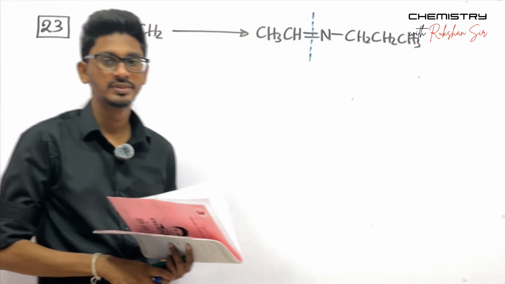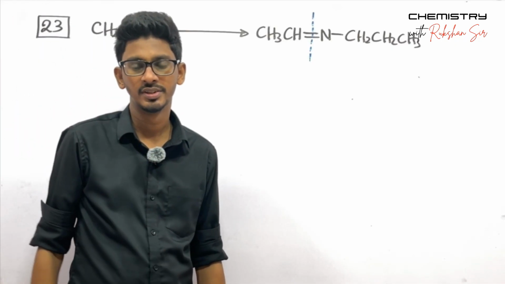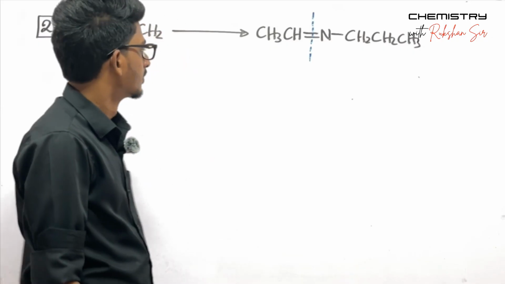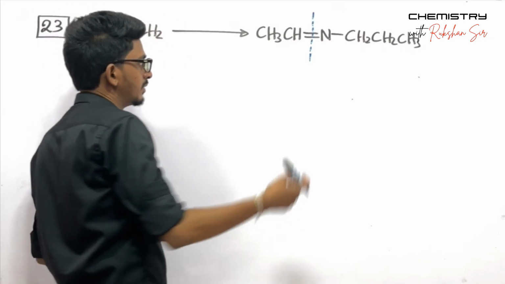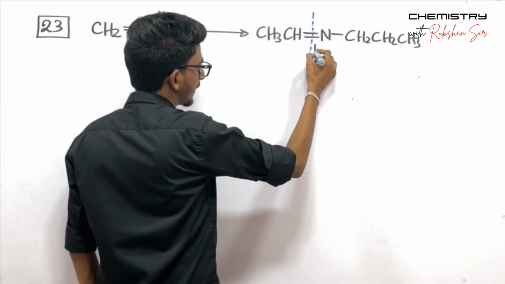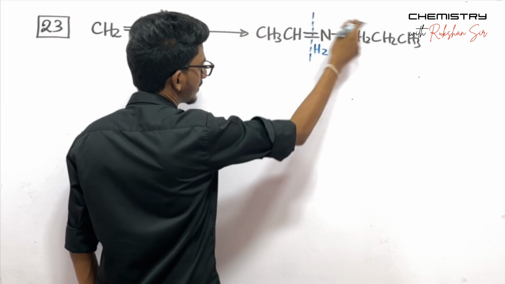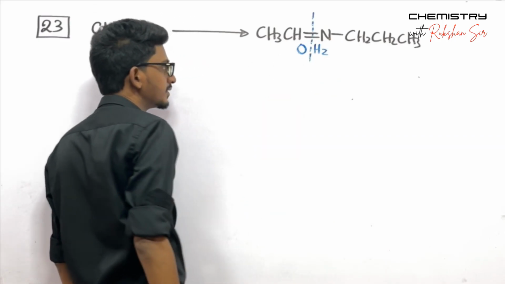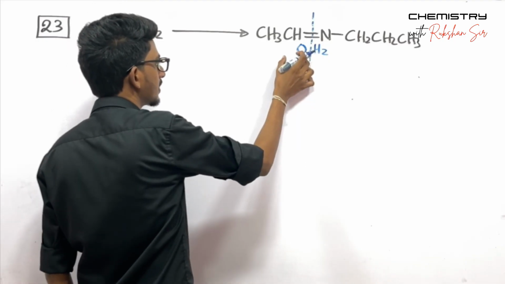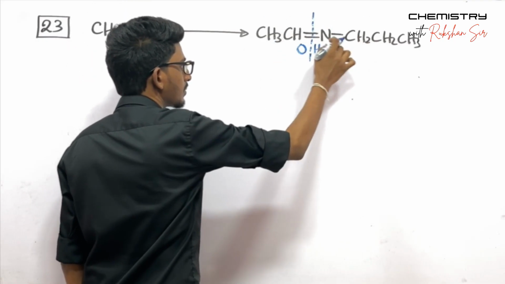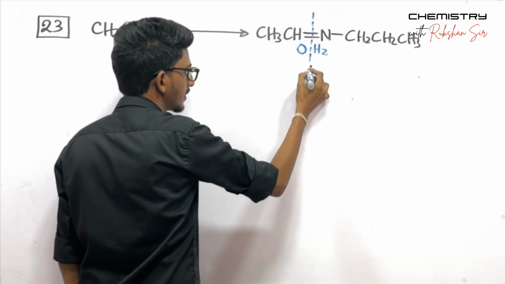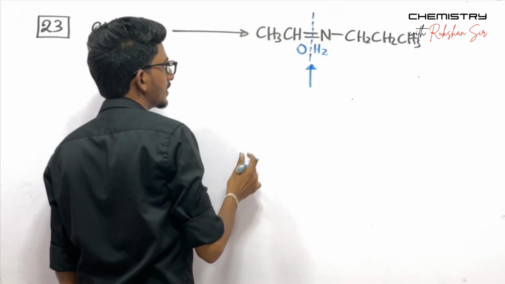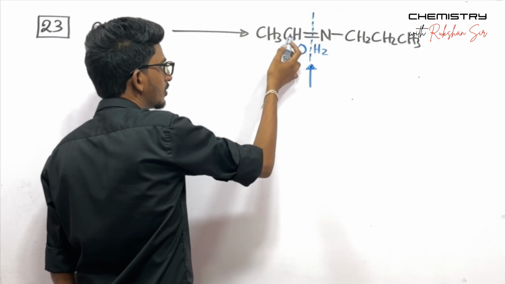The most polar bond should be selected to break, right? So this can be formed by reacting these primary amines with these aldehydes or ketones. These carbonyl compounds react with primary amines, right?